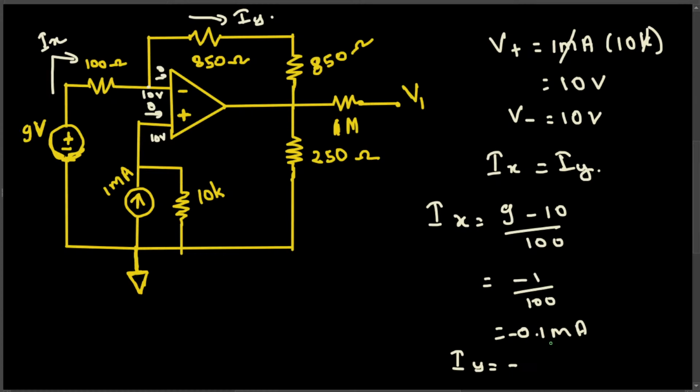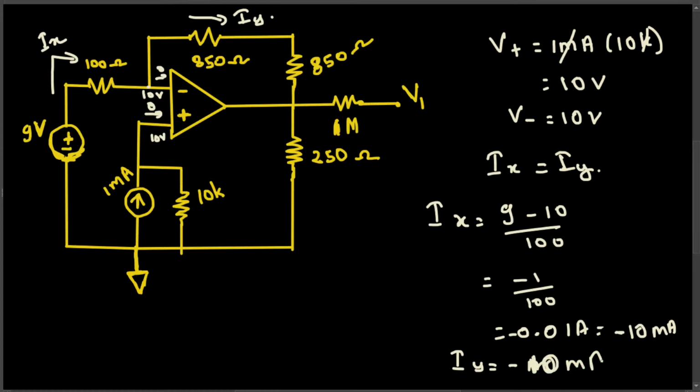That is 0.01 actually. 0.01 ampere. That's equal to 10 milliampere. Negative 10 milliampere. So IY is also going to be negative 10 milliampere right here.